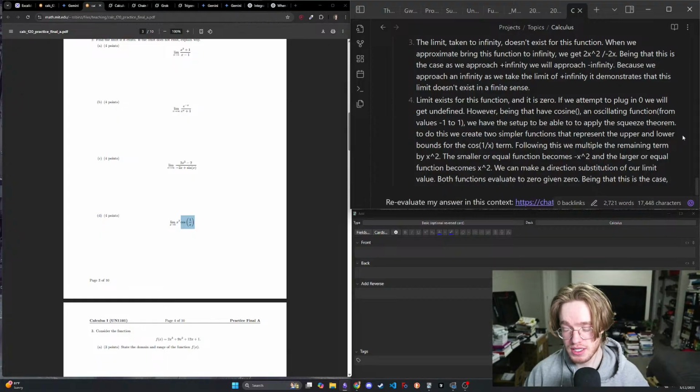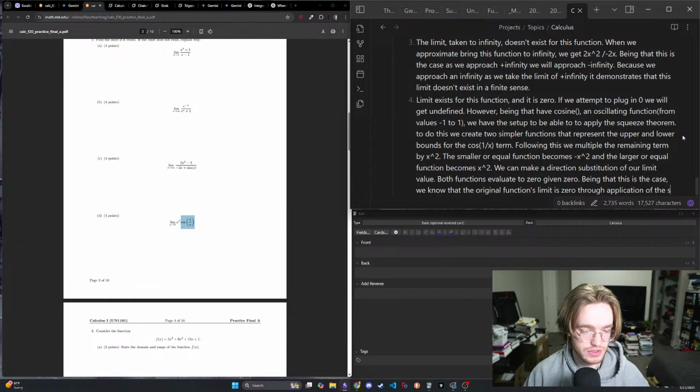Therefore, we know that the original function's limit is 0 through application of the squeeze theorem.